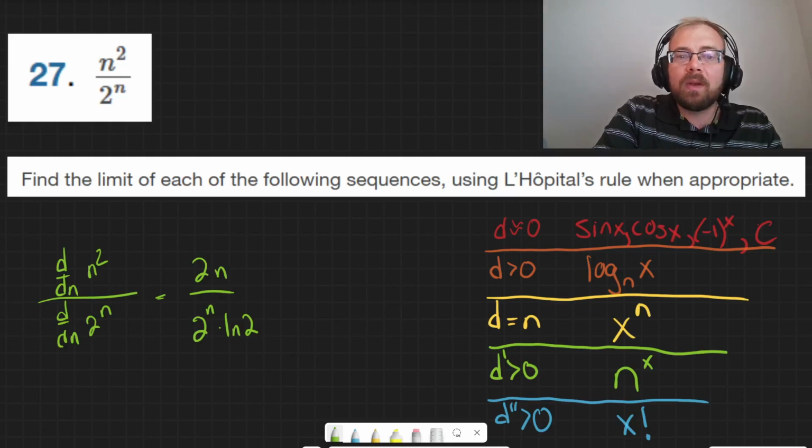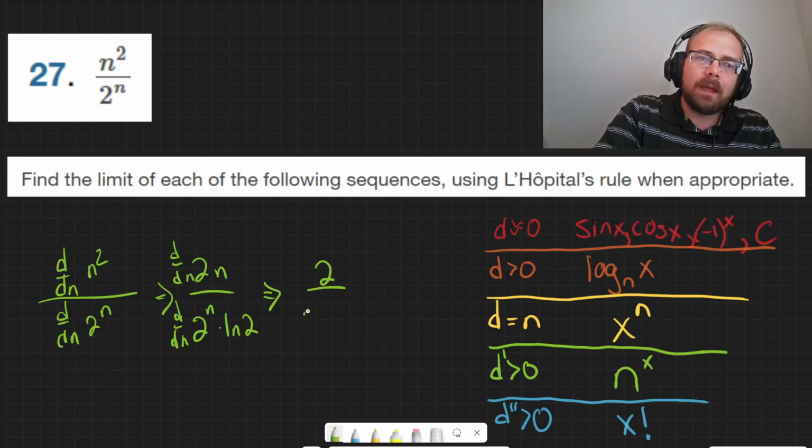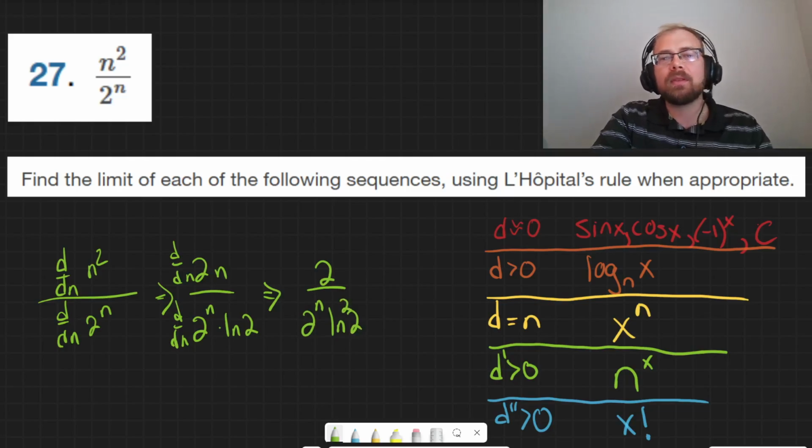And then we would do it again. So I would get indeterminate form again. So I do d/dn and then d/dn. And then that would turn into 2 over 2 to the n ln of 2 twice, so like ln squared of 2, I guess you could say.